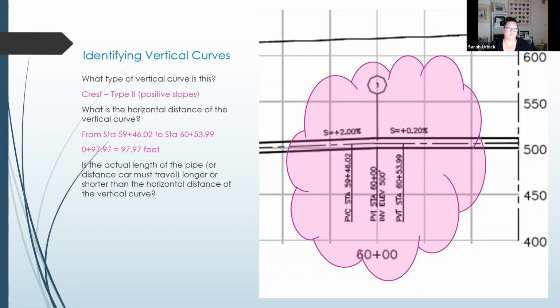So here's where we start getting into conceptual kind of think it through. The question is the actual length of the pipe for this horizontal curve, for this specific one, is it longer or shorter than the distance of the curve? So if I have a curve, I have a horizontal distance.